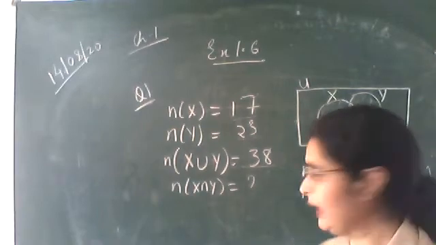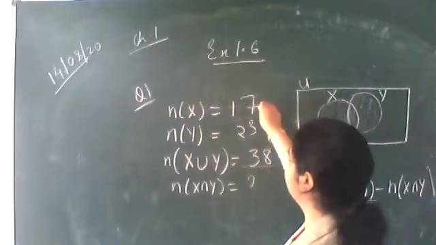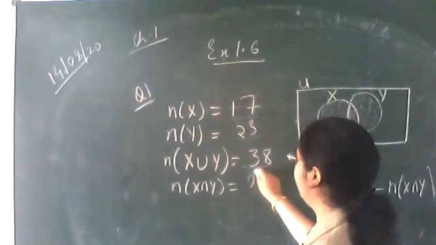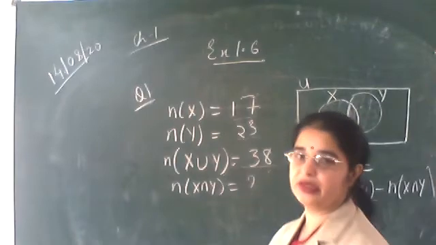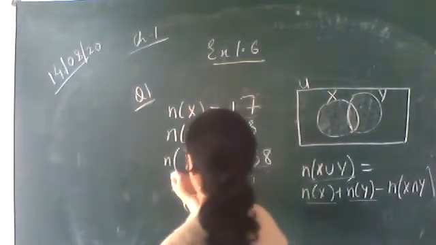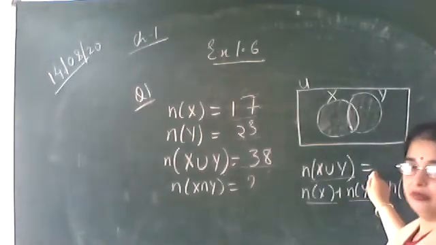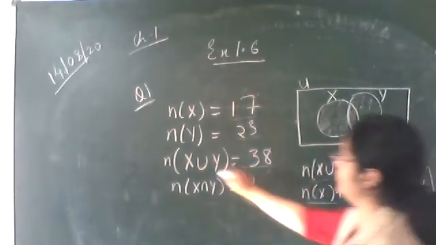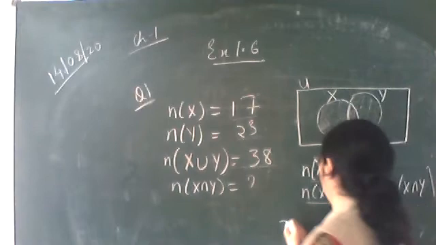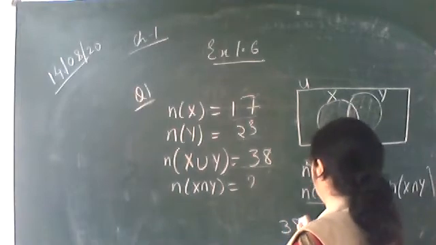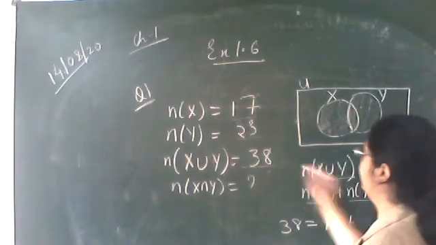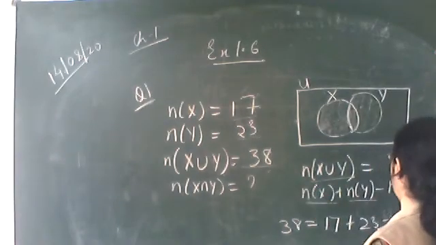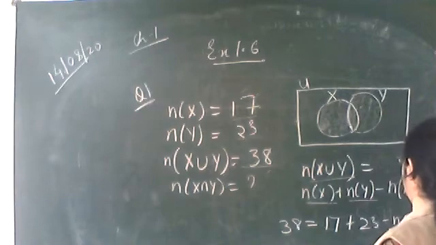Clear? Now we have the elements in x, the elements in y, and the elements in x union y, which is 38. You have to find x intersection y. So how can we do it? We put the values in the formula. n(x union y) is 38, so 38 is equal to n(x), which is 17, plus n(y), which is 23, minus n(x intersection y).